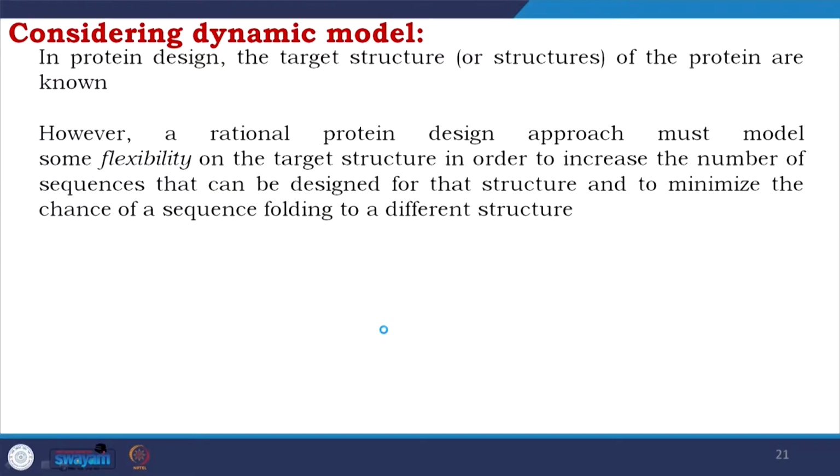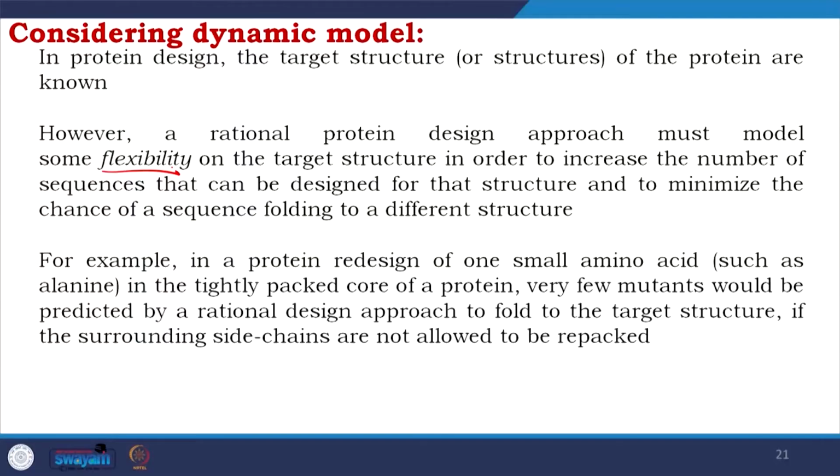However, a rational protein design approach must model some flexibility on the target structure in order to increase the number of sequences that can be designed for that structure and to minimize the chance of a sequence folding to a different structure. So, the introduction of dynamicity would be really critical for optimizing the designing approach.